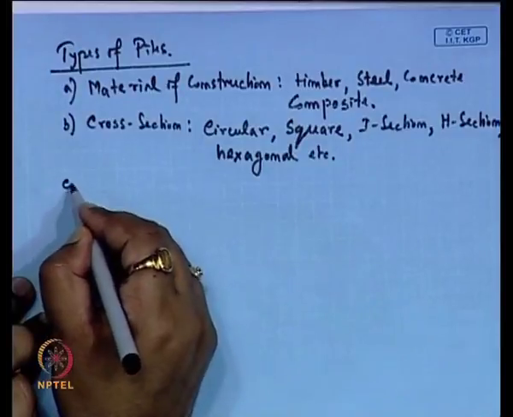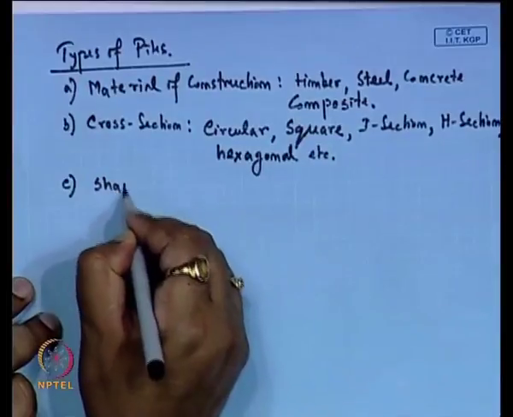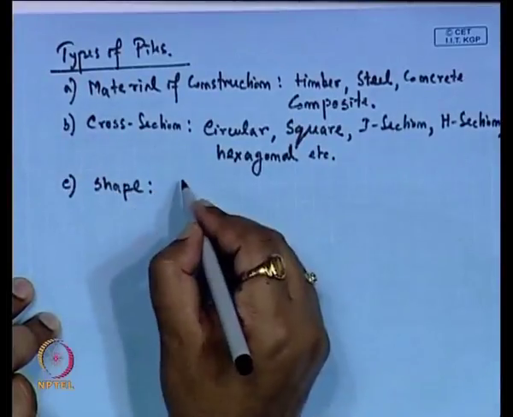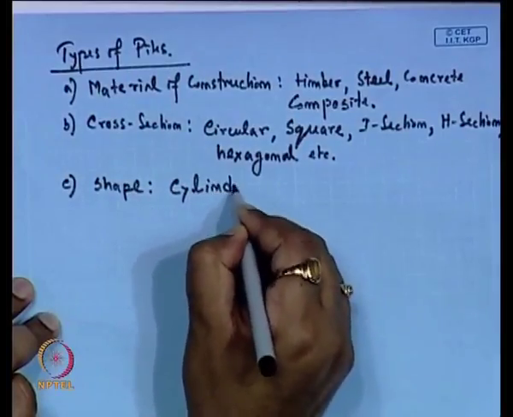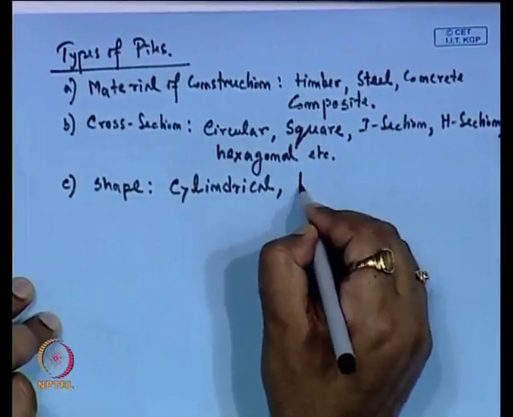Now, based on the shape, this pile can be cylindrical, which is very common. Then it can be a tapered pile.